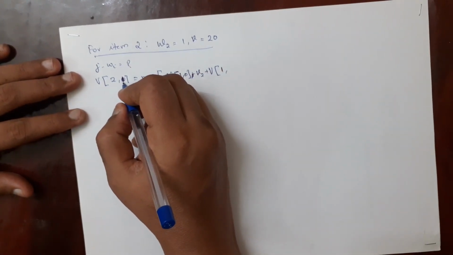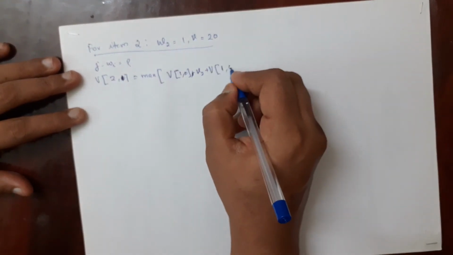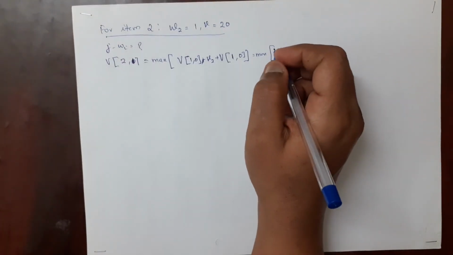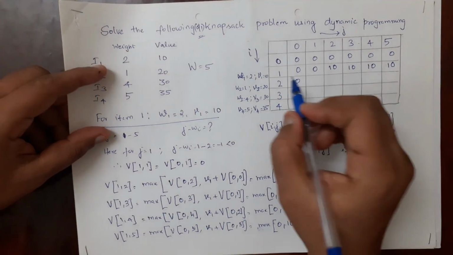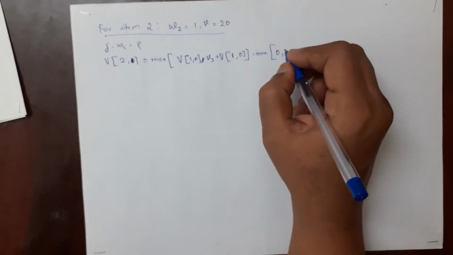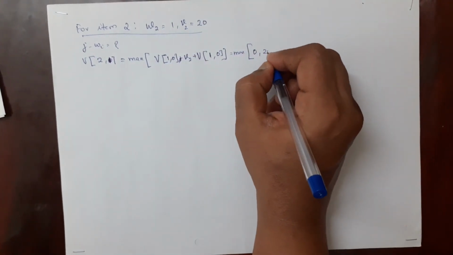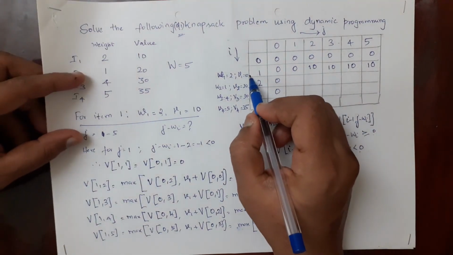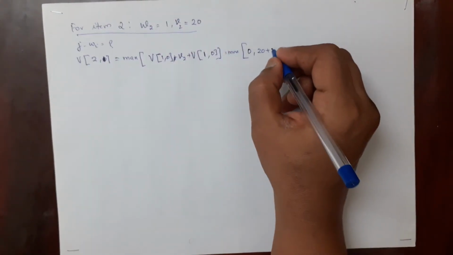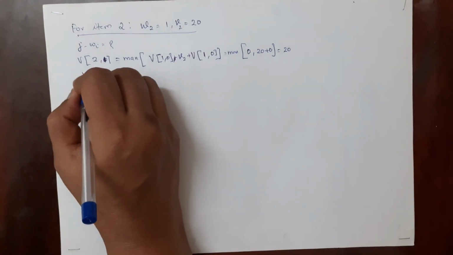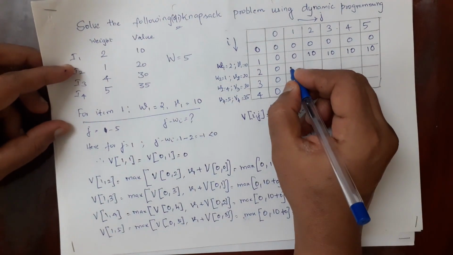J value is 1, 1 minus wi is 1 minus 1, 0. That is equal to maximum of v of 1 comma 0, see here, 1 comma 0 is 0, 0 comma the value of this item v2 is 20 plus v of 1 comma 0, that is 0. So the maximum value of this item is 20. So we have to put 20 here, 1 comma 2, 20.